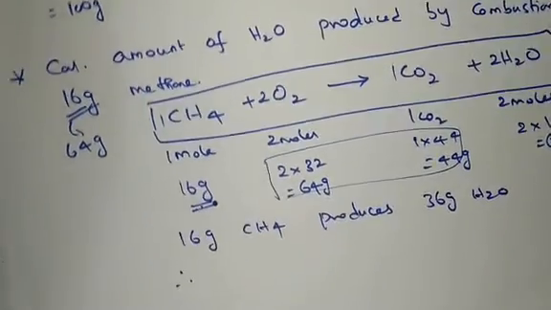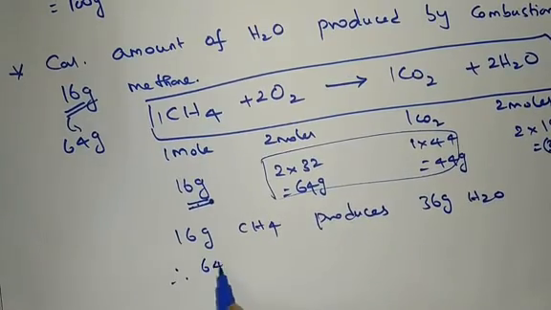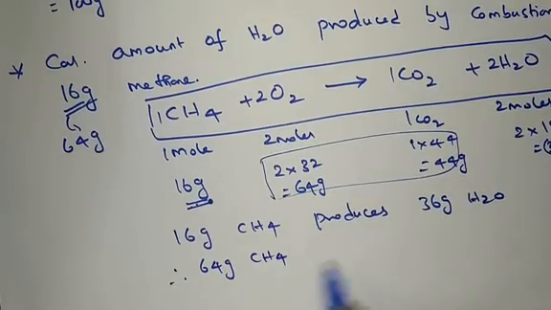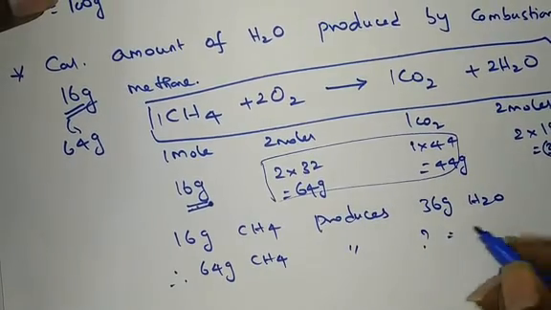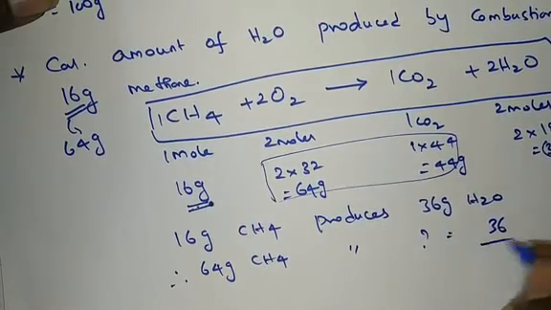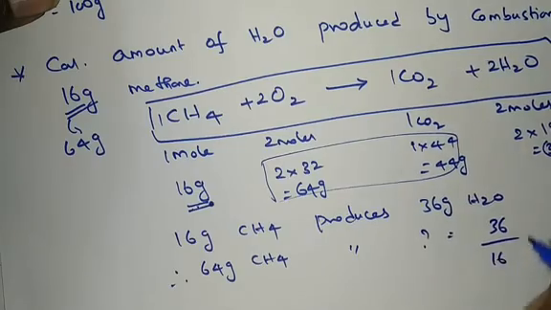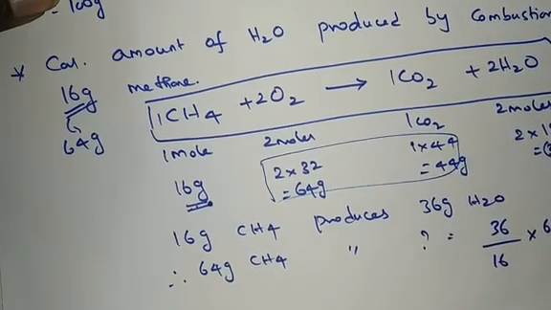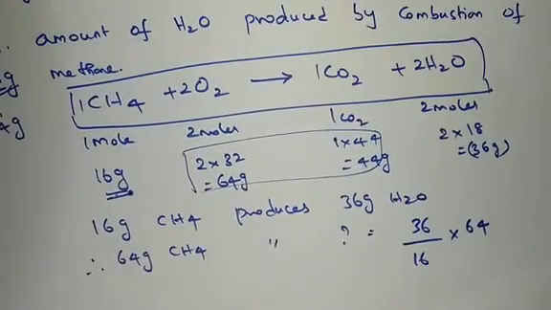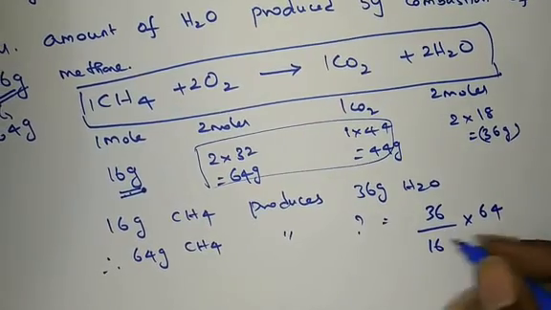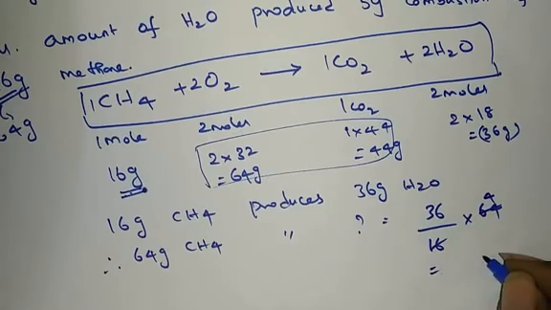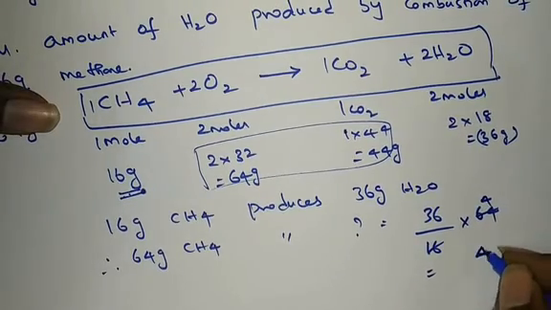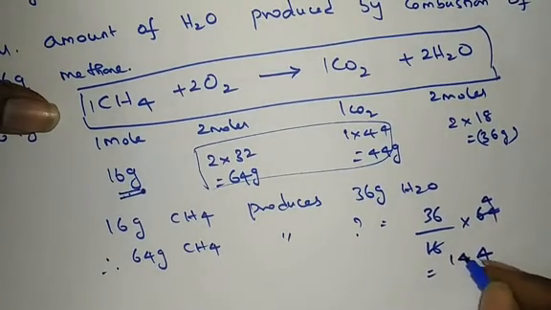Therefore, 64 grams of methane produces how much? It is equal to 36 by 16 into 64. Right? It is equal to 4 times, 144 grams.